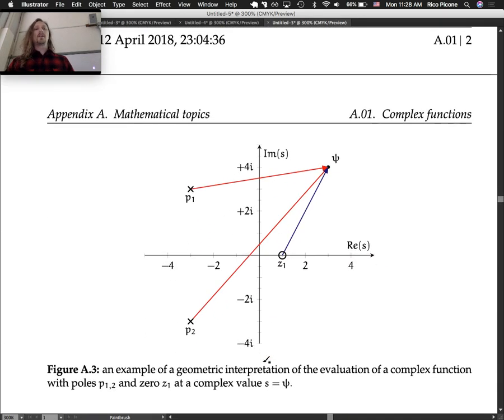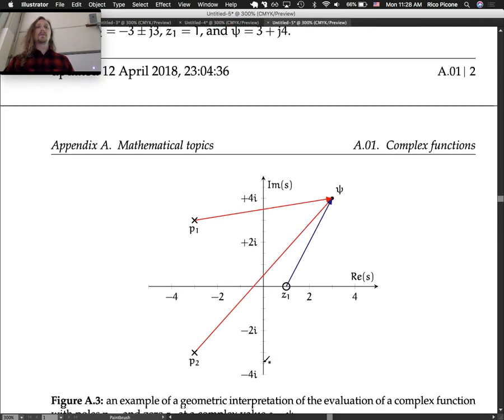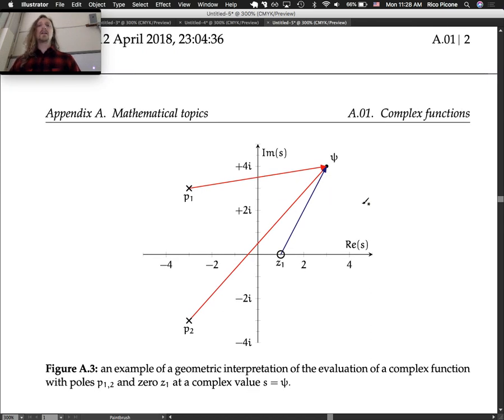So figure A3 shows a specific example with some specific pole and zero locations chosen, and then psi being the value of s that we're evaluating this complex function at.